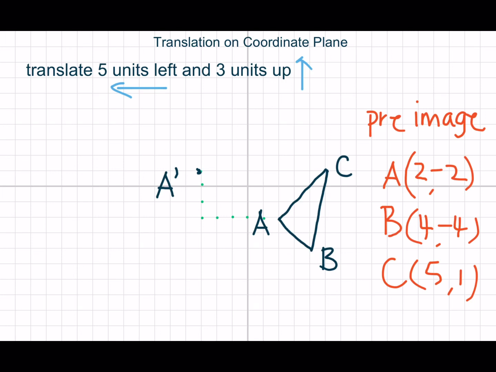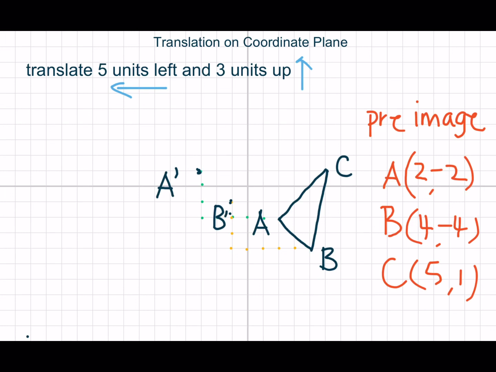Let's go next with B. All right, 5 to the left, 1, 2, 3, 4, 5, 3 up, 1, 2, 3, there we go. This is going to be point B prime.